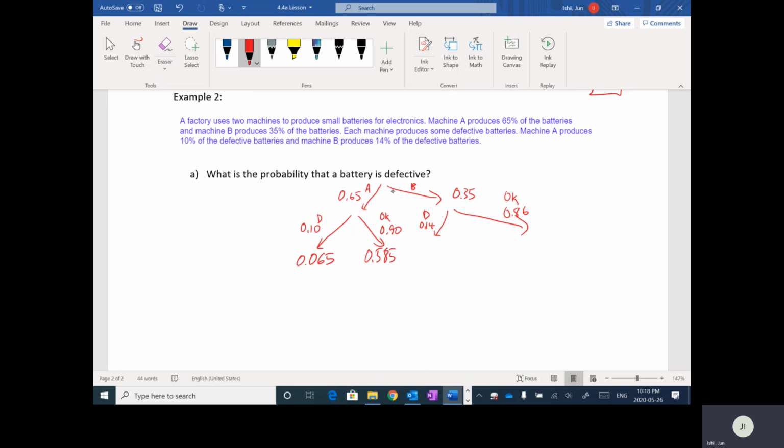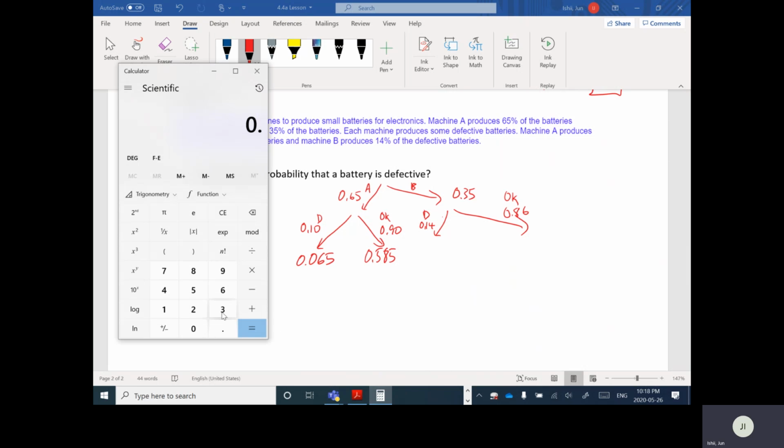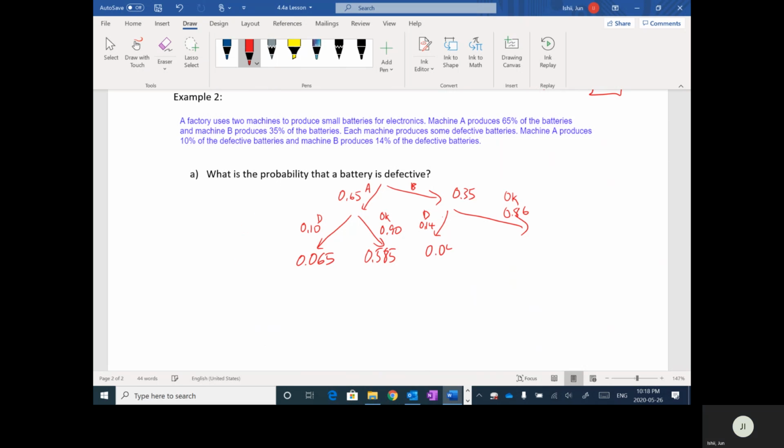That's what this branch represents. Next up, 0.35 times 0.14 is 0.049. So 4.9% of the time you'll get a battery that comes from machine B and is defective.